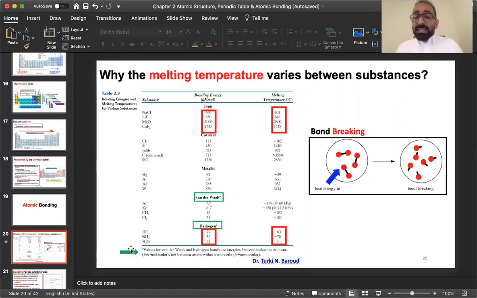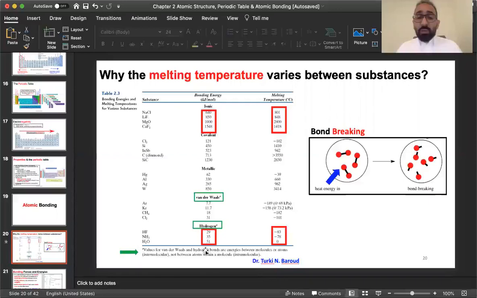Now, this is the bonding energy between the molecules. This is called hydrogen bonding, and if you look here, they say values for van der Waals and hydrogen bonds are energy between molecules or atoms, intermolecular, meaning between the molecules.